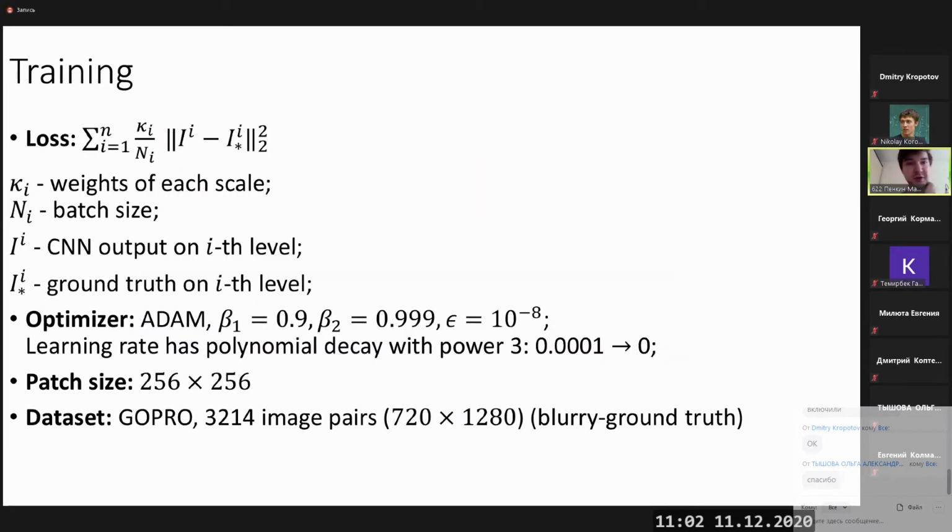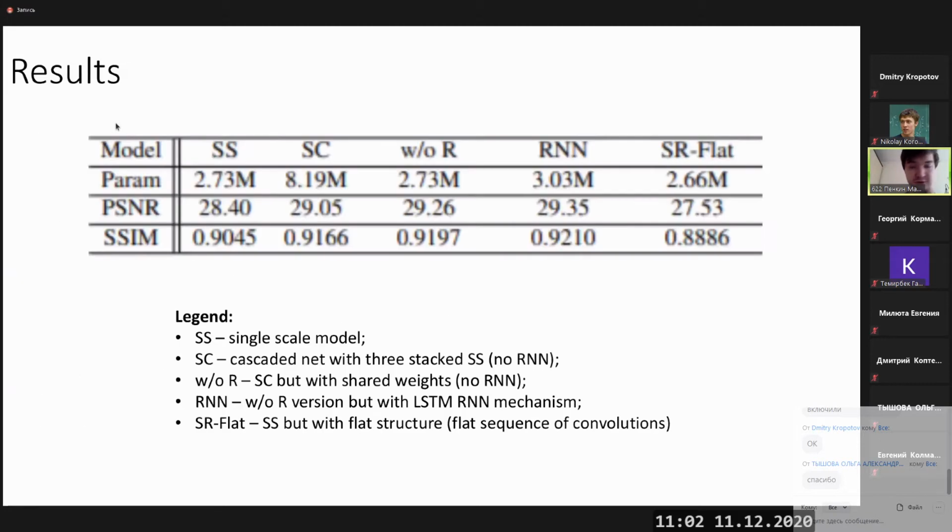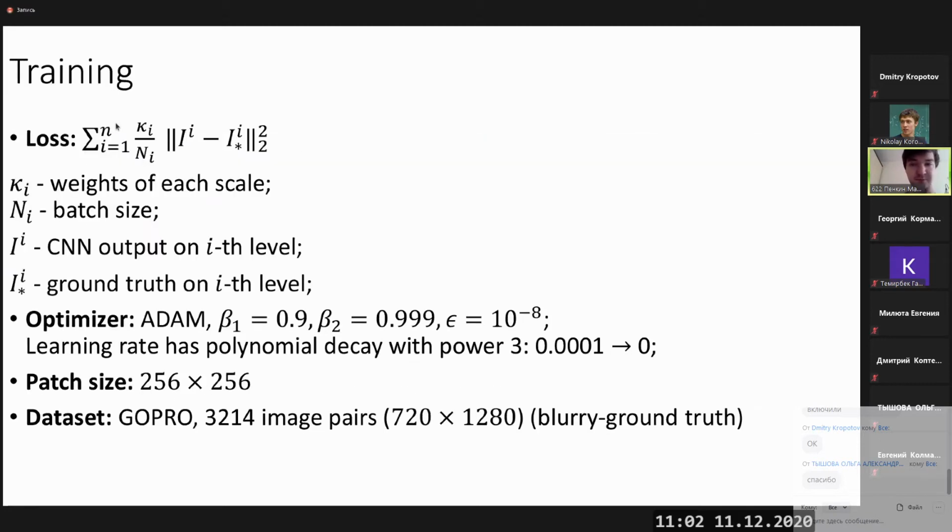Then about the training procedure, they use a simple L2 loss. Kappa is the weights of each scale, n is the number of scales, it is 3. Then it is the output image, as I said at the previous slide, and the ground truth image. So they also tried in their experiments adversarial loss.